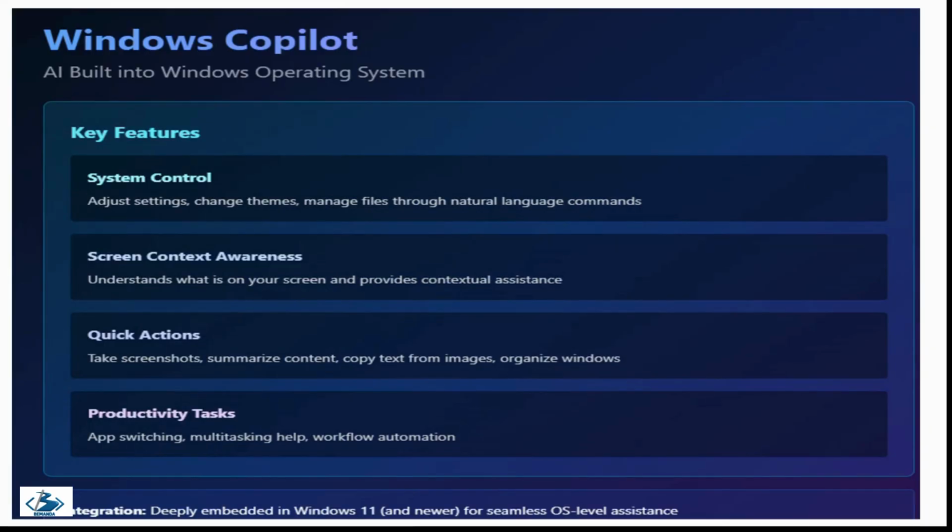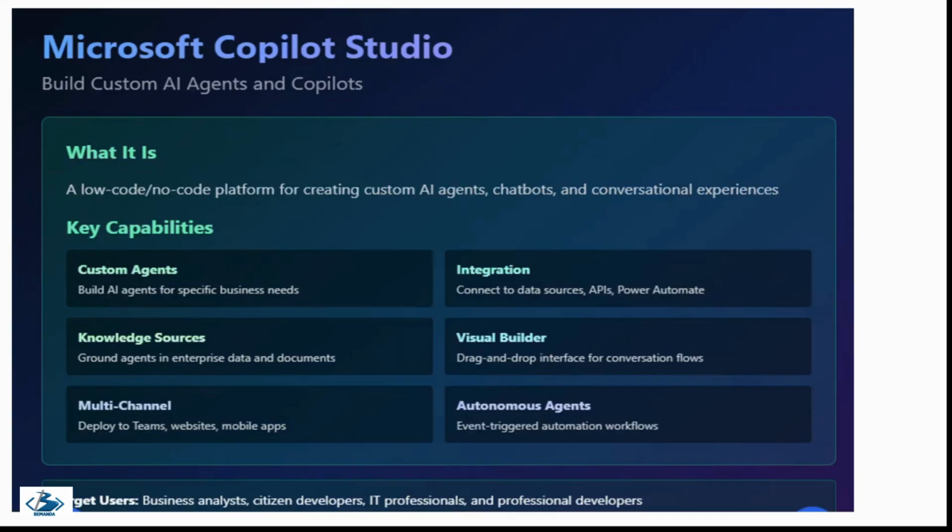Basically, if it is a task that's related to the operating system, they come up with Windows Copilot. So when you see Intel advertising Copilot in different laptops, they're talking about this version of Copilot, purely for the operating system.